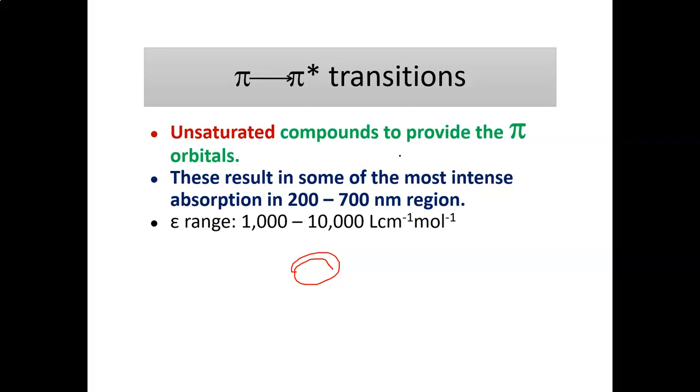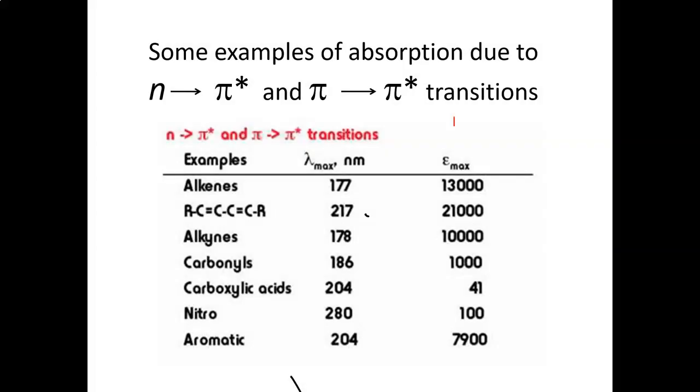Pi to pi star transition is again for unsaturated compounds, and the region is the same as n to pi star, between 200 to 700. These are some examples of n to pi star and pi to pi star transitions, both in the region of 200 to 700 nanometer.